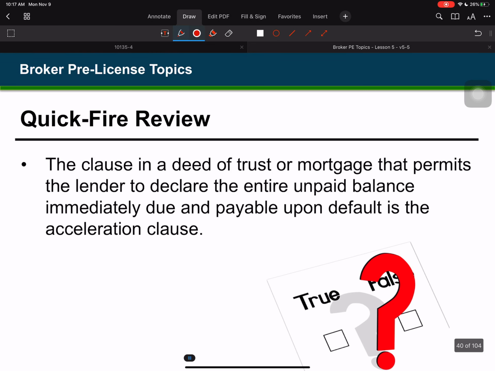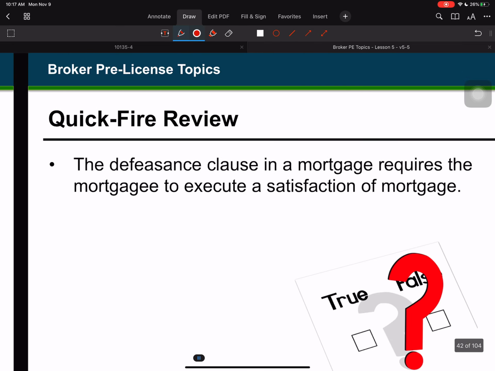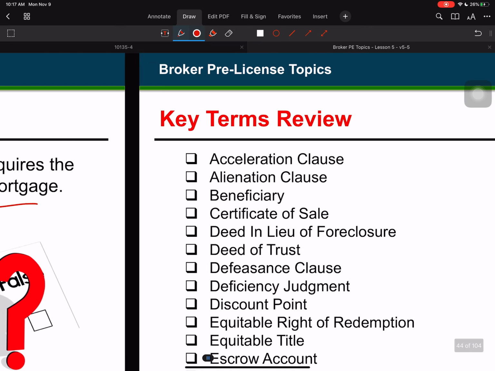The clause in the deed of trust or mortgage that permits the lender to declare the entire unpaid balance immediately due and payable upon default is the acceleration clause. True. The defeasance clause in the mortgage requires the mortgagee to execute a satisfaction of mortgage. True. Remember, we defeat the mortgage, and when we defeat the mortgage, we get something called a satisfaction of mortgage.